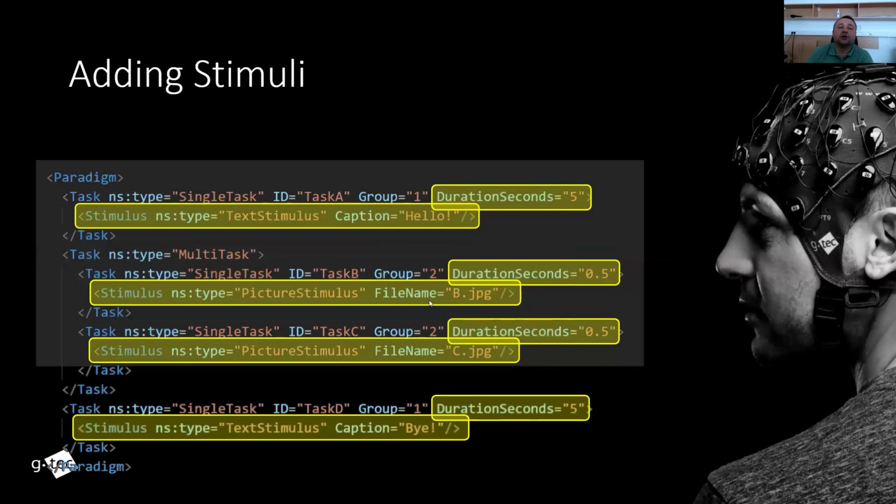The second one is a picture, which we are setting to last for 0.5 seconds on the screen. The third is again another picture. And the last is a caption with bye. Of course, movies can also be presented, so you can insert a movie in here and it will be properly displayed. So you can record both EEG and also fNIRS while watching that movie.